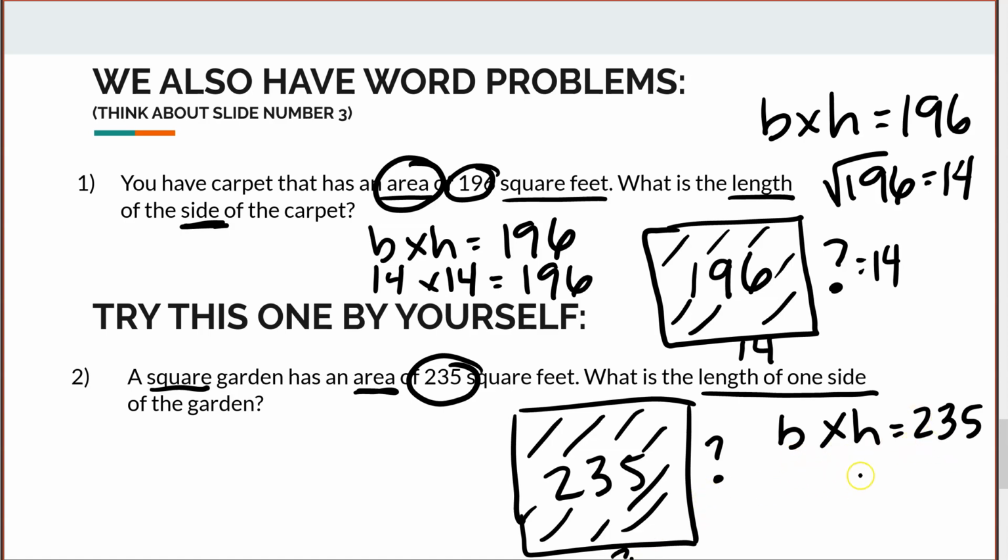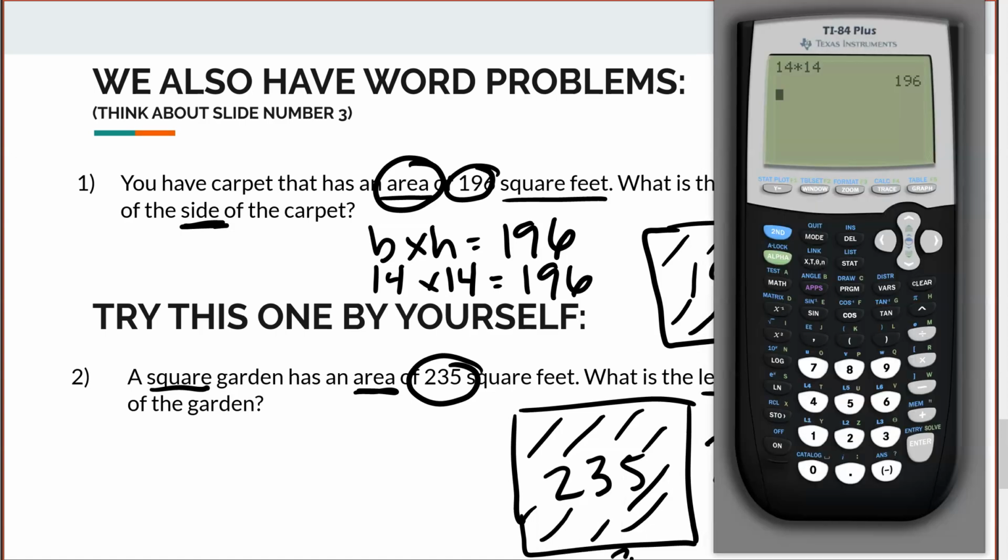Again, we have to go backwards, right, to find these numbers. These numbers are supposed to be the same. So the same number times the same number is 235. So we will do square root of 235. All right, so we look at this. Second, square root of 235, enter. Oh, what happened here?